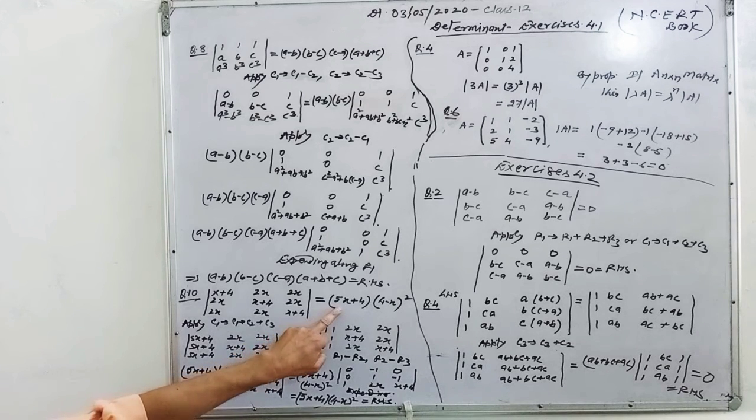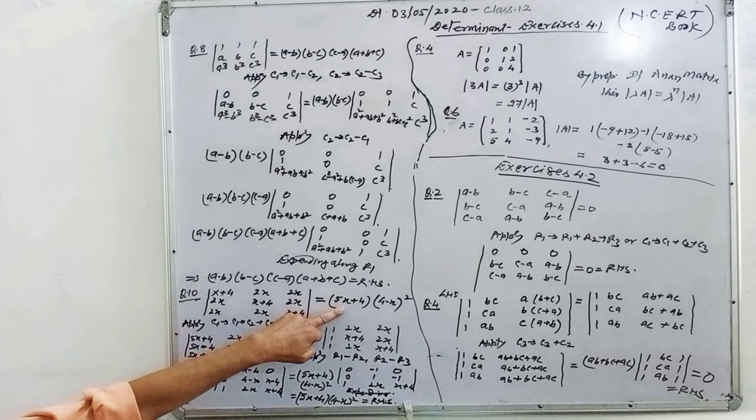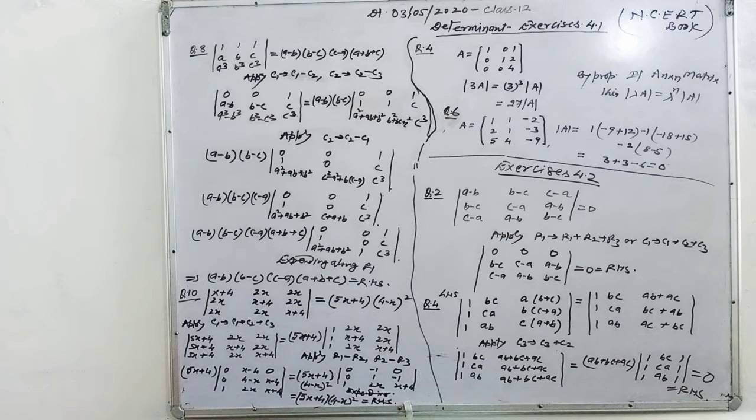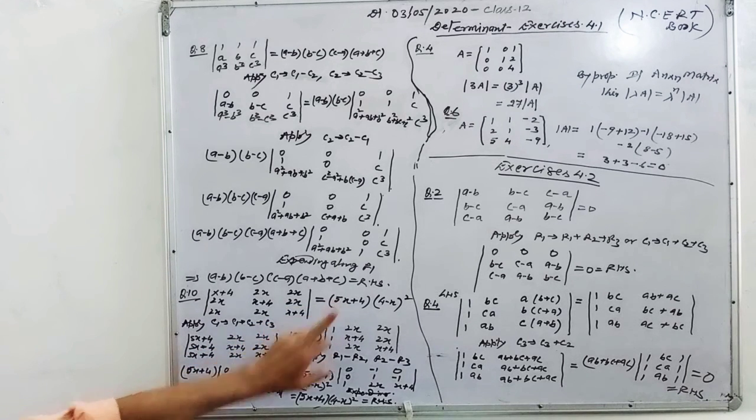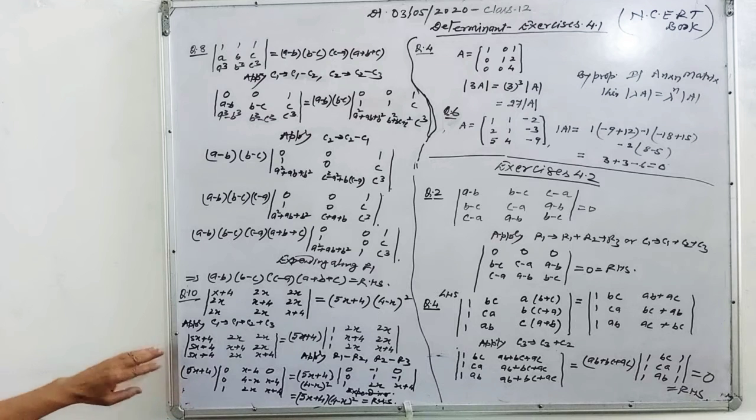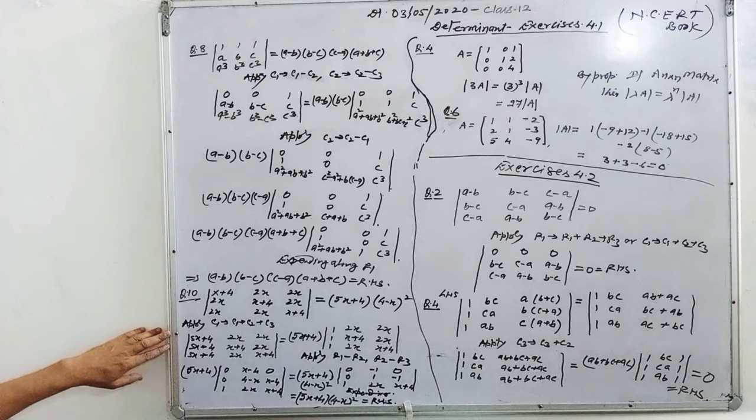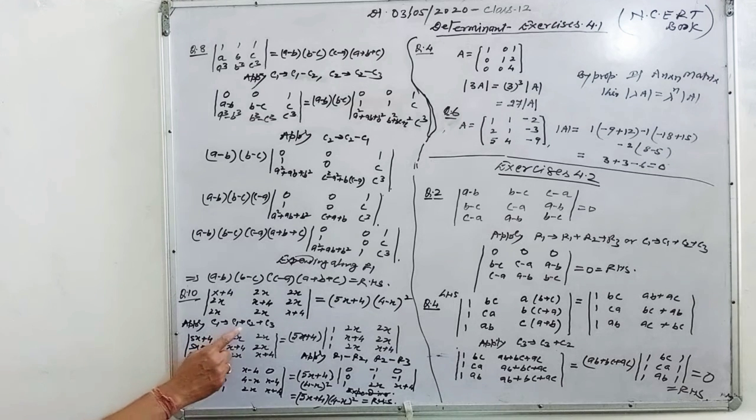First factor: what is here? 5x plus 4. So to get this factor you can apply R1 plus R2 plus R3, or you can also apply C1 plus C2 plus C3, meaning in C1 adding C2 and C3 corresponding elements.